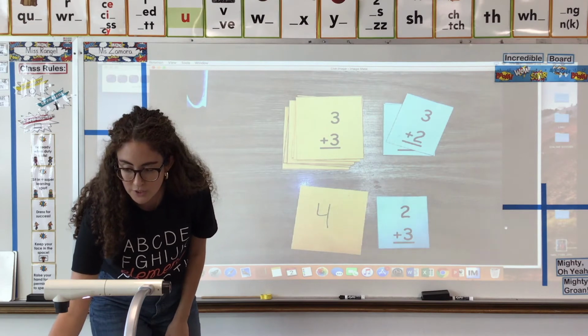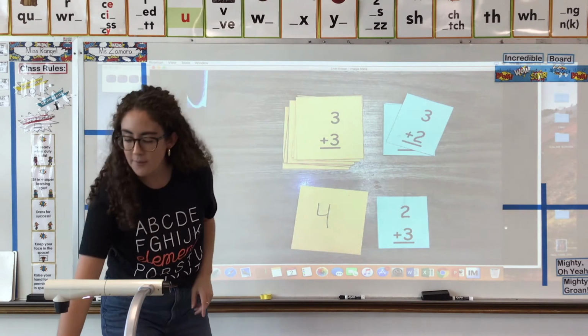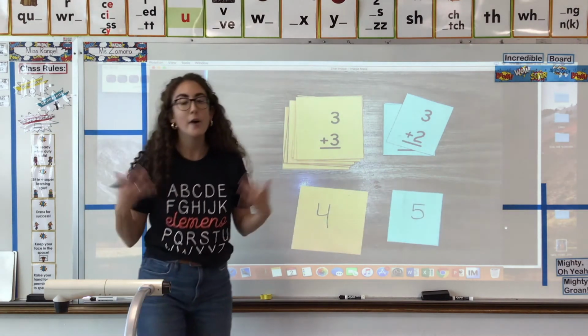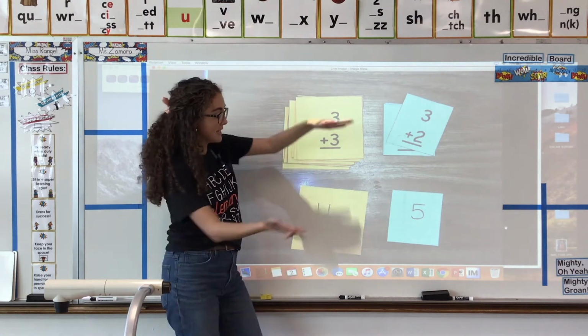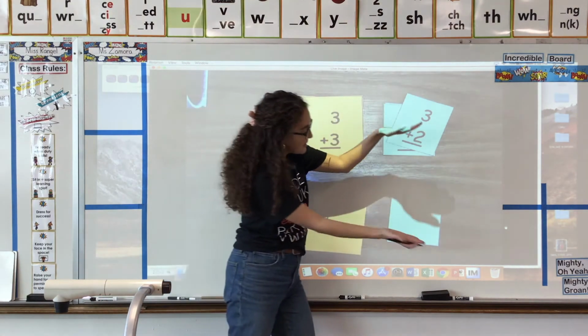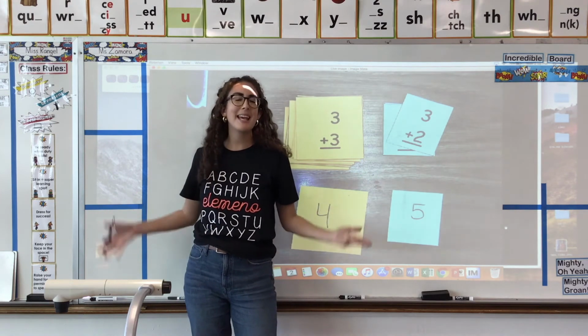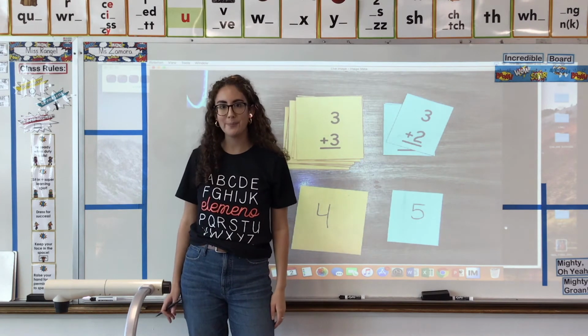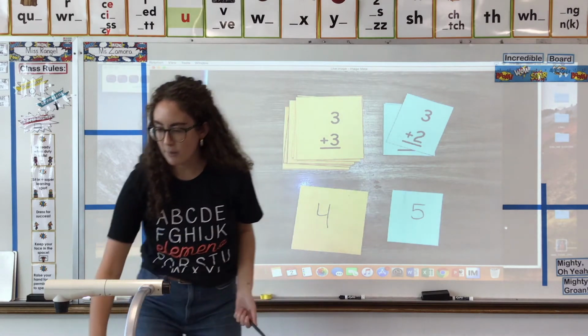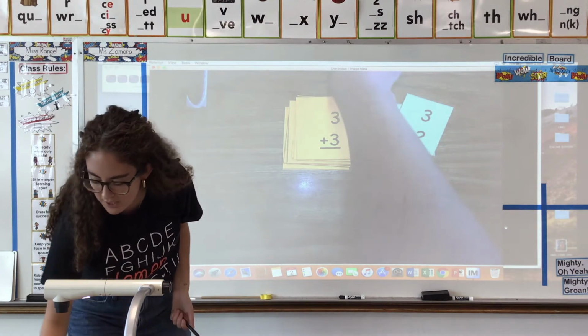So then 2 plus 3 would equal 1 more, and that would be 5. We're using smaller facts to help us solve even bigger facts, which is what we've been doing in 2nd grade all along. Okay, I want you to put these in the pile we've already used.